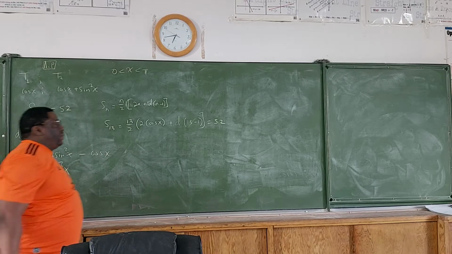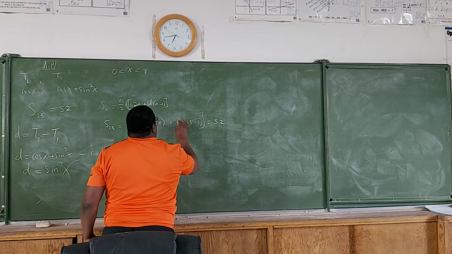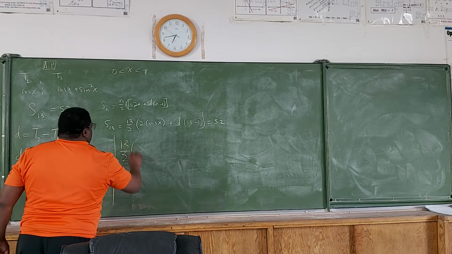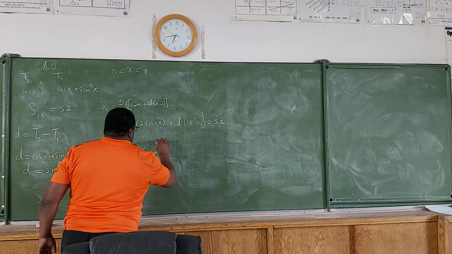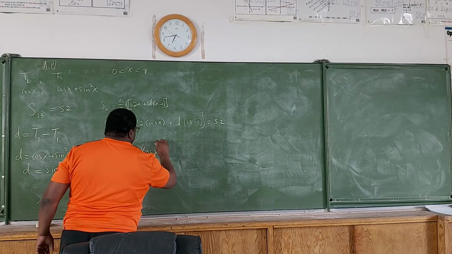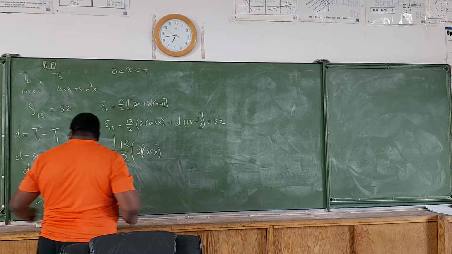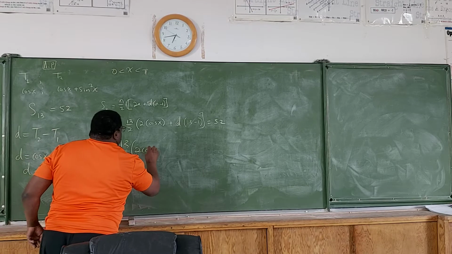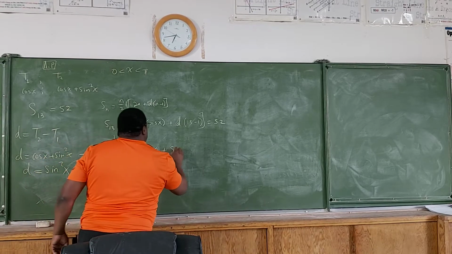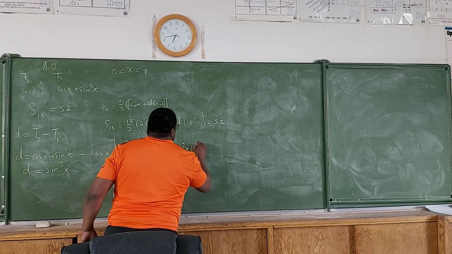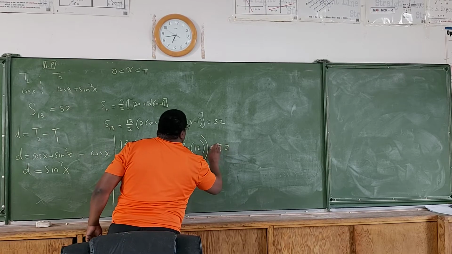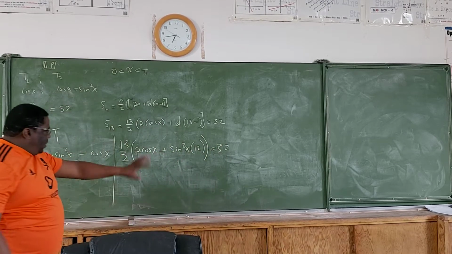You get that? So now, it's going to be 13 upon 2, then 2 cos x plus sin square x times 12, and it's 52. Okay? Let's clean.